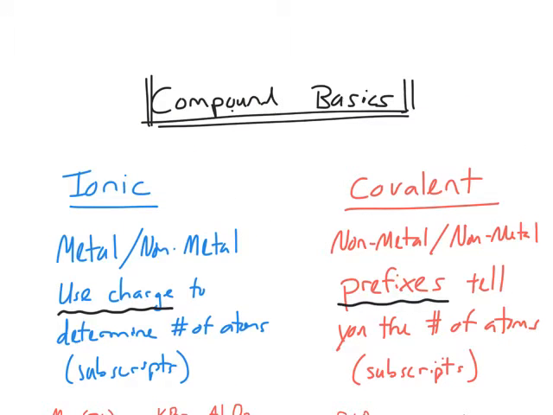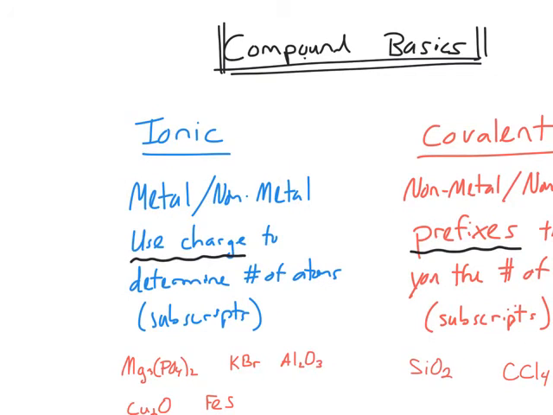First, I'd like to review a few basics that we've learned already in previous skills. We've talked about types of bonds, both ionic and covalent, where ionic bonds happen between a metal and a nonmetal. They use charge to determine the number of atoms, therefore the subscripts in a compound.